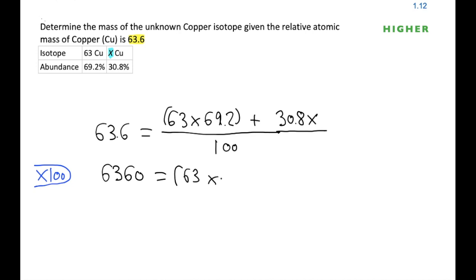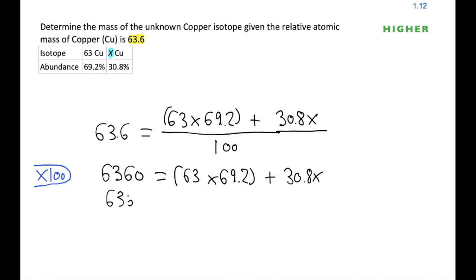We've still got our bracket, and everything on this side of the fraction remains unchanged. What we want is to get X on its own, so we're going to take away this bracket, remove it from this side of the equation, and you don't even really have to work out the value inside this bracket, but I'm going to do that.